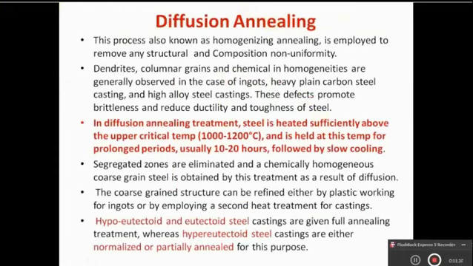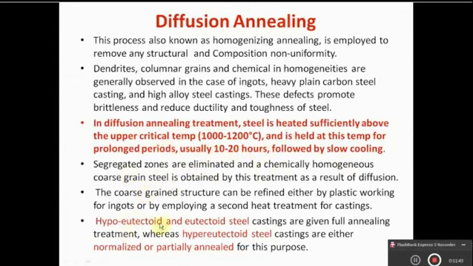In diffusion annealing treatment, steels are heated sufficiently above upper critical temperature, and they are held for a time interval usually of 10 to 20 hours, followed by furnace cooling. So these segregated zones are eliminated and a chemically homogeneous coarser grain-like structure is observed.